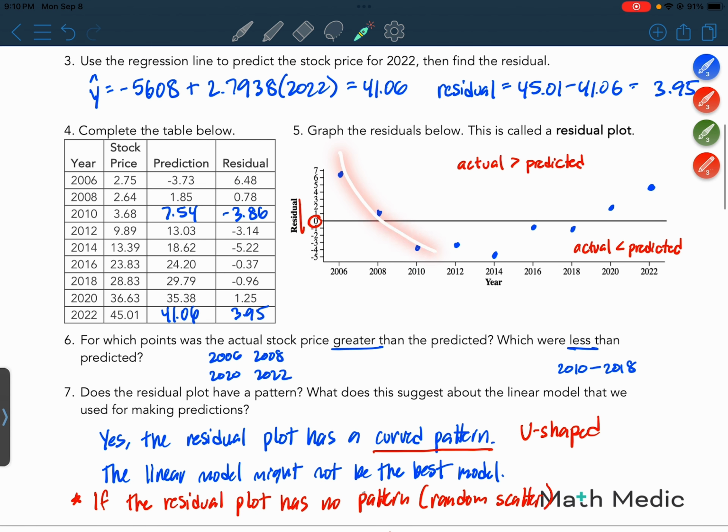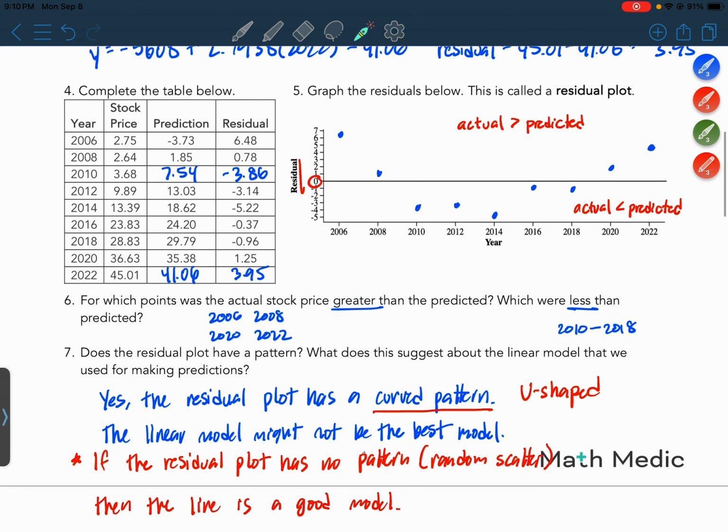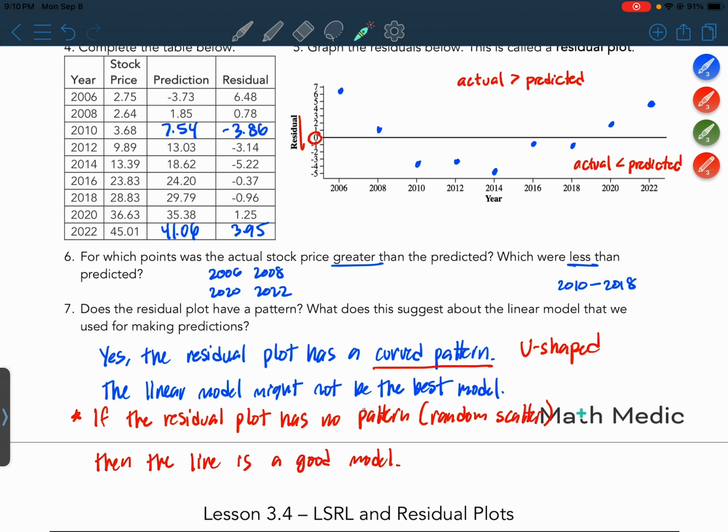But if you see a pattern, it means the line did not capture that pattern, and so the line's not the best model. So not a whole lot to write down on the front page.